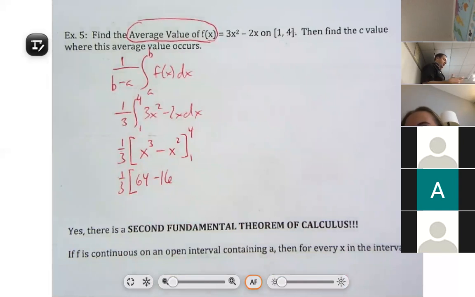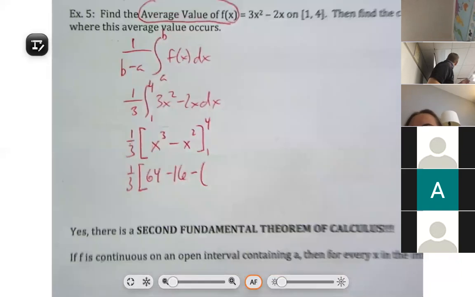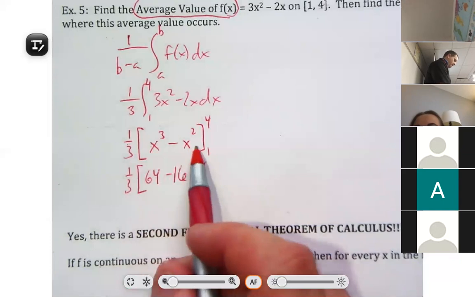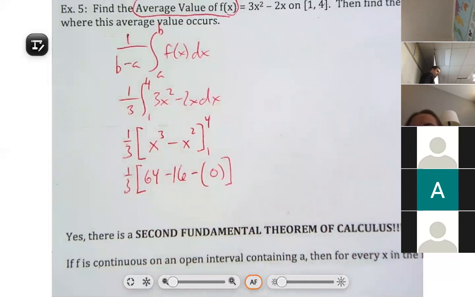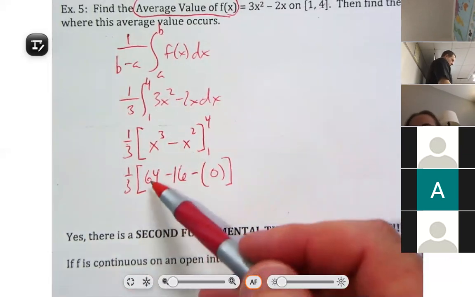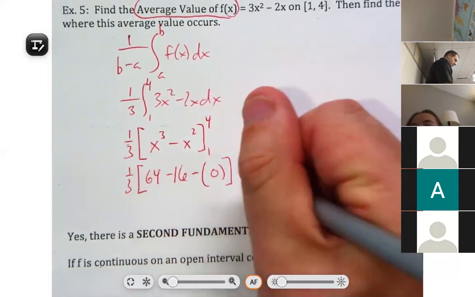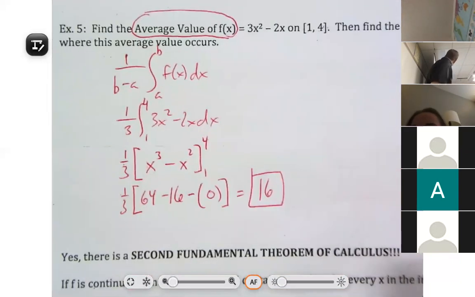And then I do minus parentheses and plug in the lower limit. I'm going to plug 1 in. So 1 minus 1, so 0. That's 48 times a third, so 16. So that's the average value of f over the interval from 1 to 4.